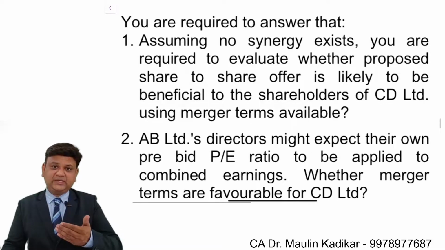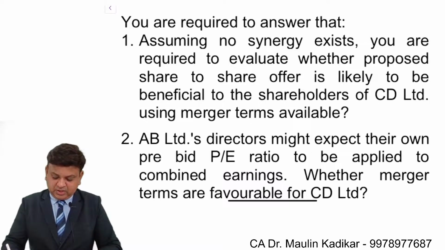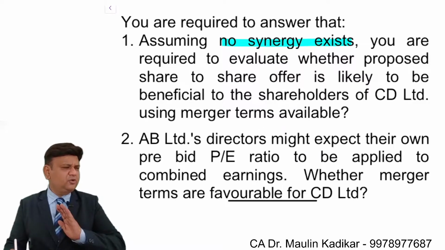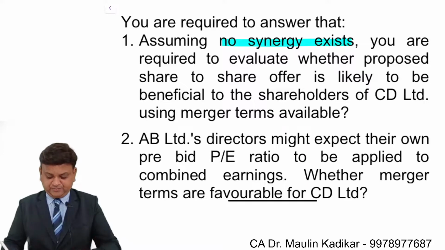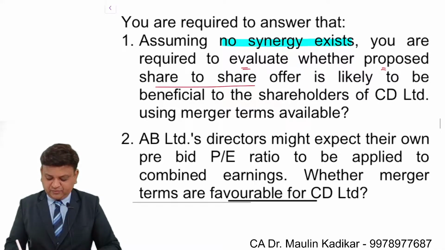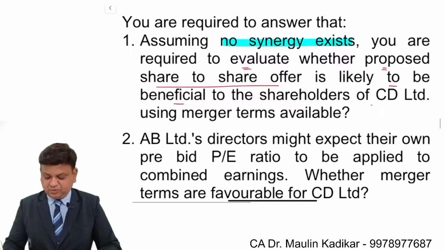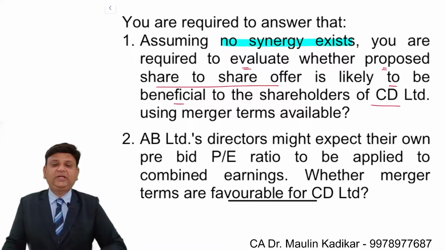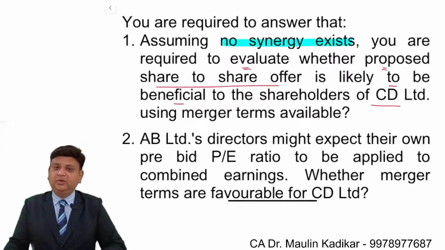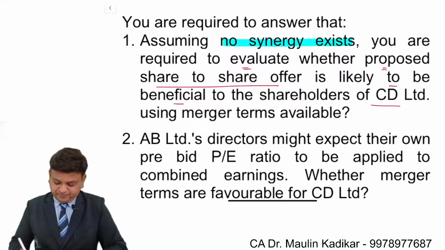You are required to answer the following. First, assuming no synergy exists, meaning there are no advantages of the merger, you are required to evaluate whether the proposal of the share-to-share offer, that is 0.8, is likely to be beneficial to the shareholders of CD Ltd. It means from CD Ltd's point of view, you have to evaluate whether it should accept the shares offer or the cash offer using the merger terms available.